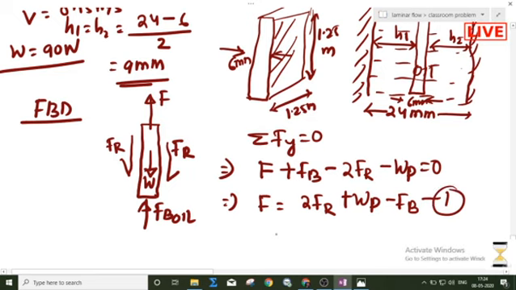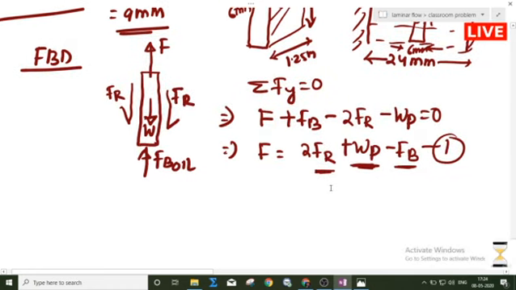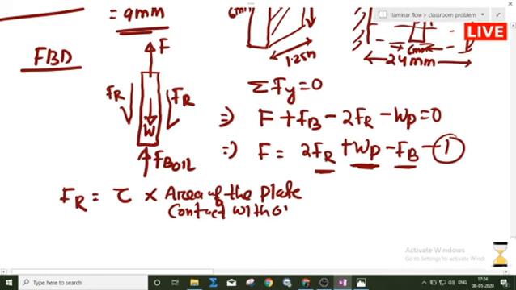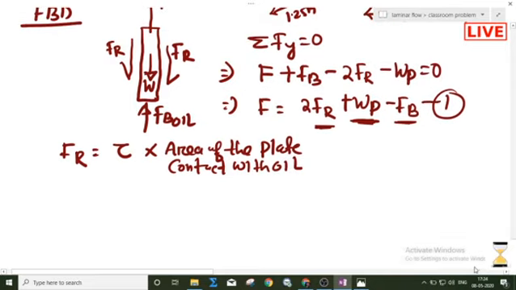Now we have to find out each term, because the weight of the plate is given to us. So we have to find out the shear resistance, the viscous resistance, and the buoyancy. Then our job is over. So what is this frictional resistance? This frictional resistance will be equal to the shear stress into the surface area of the plate in contact with the oil.